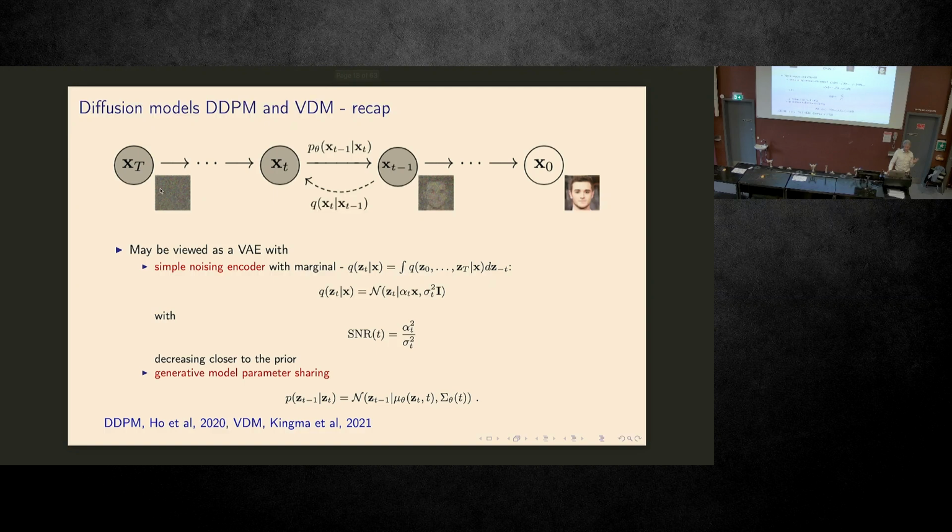Another invention that I really like compared to the VAE is that we use parameter sharing. That means that each of the layers, each of the transformations in this hierarchy, use the same parameters. Of course, we need to be able to distinguish between the different layers, because when we get closer to the data, we add more details, right? So we need to represent higher frequency components, and closer to the prior, we need something else.